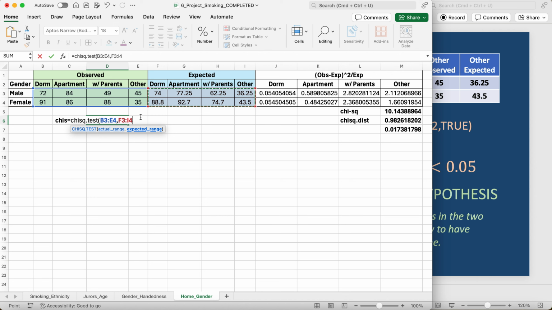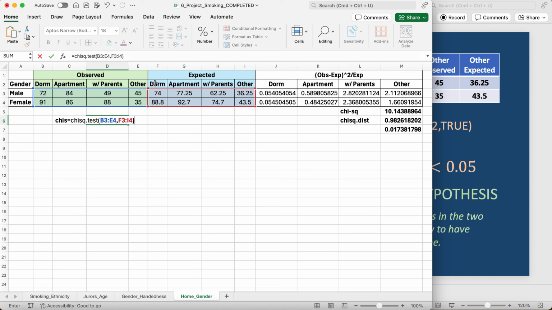The other thing I should mention here is that you can do this as long as these categories are in the same order. So if dorm is the first column over here, dorm has to be the first column over here. If you mixed up these columns, Excel would get confused, and it would always assume that you're comparing these values to these values.